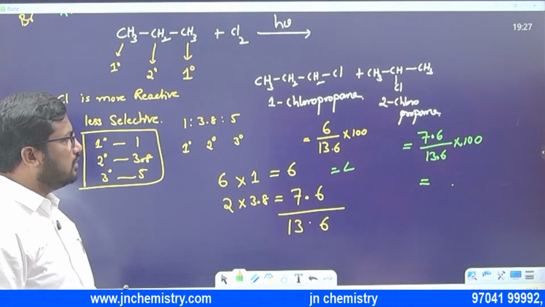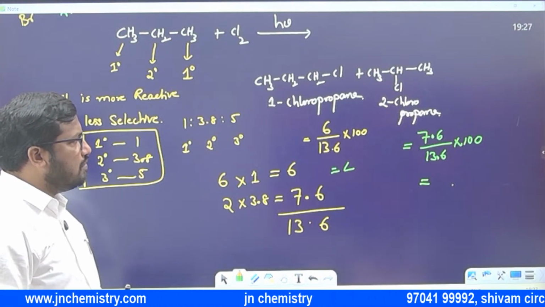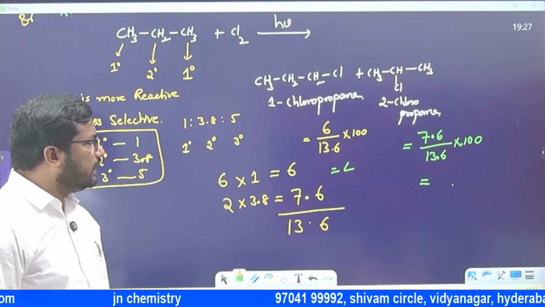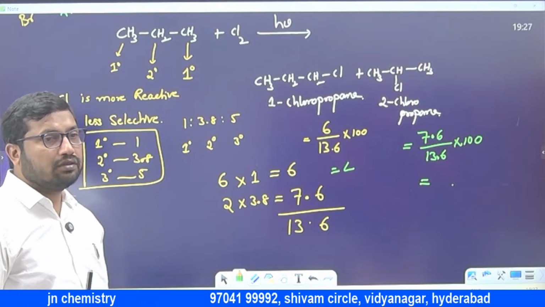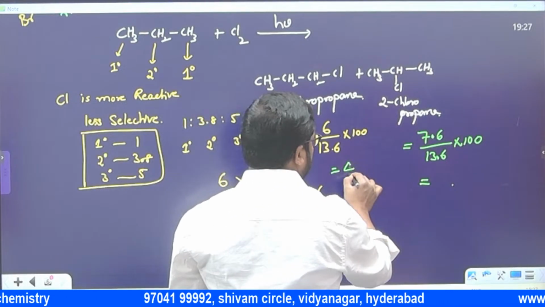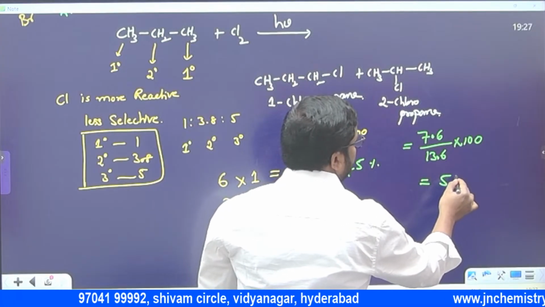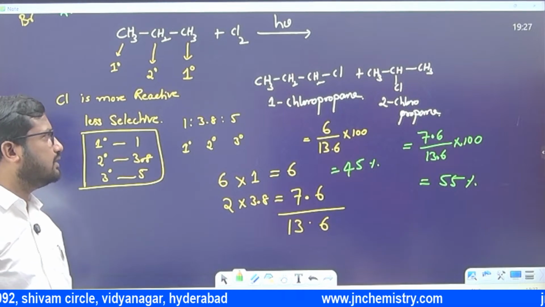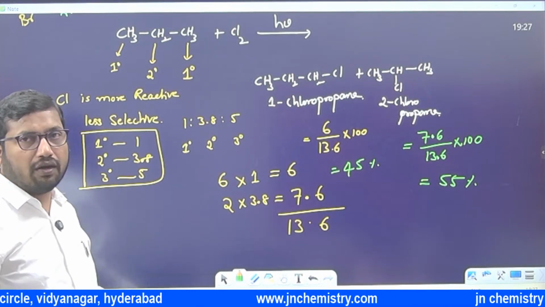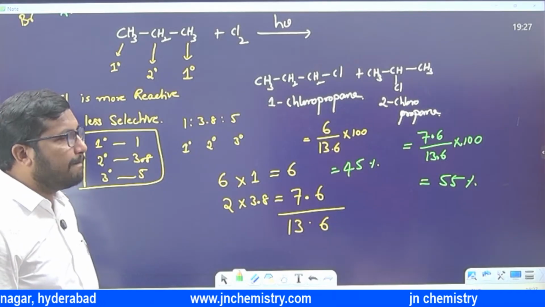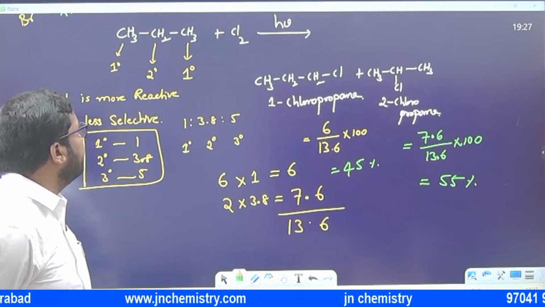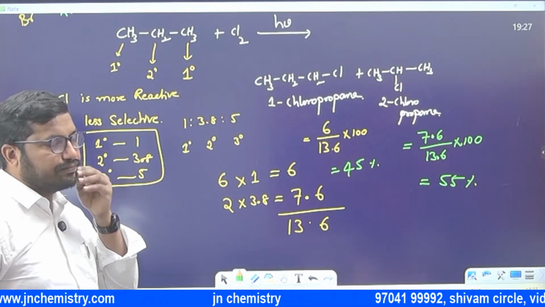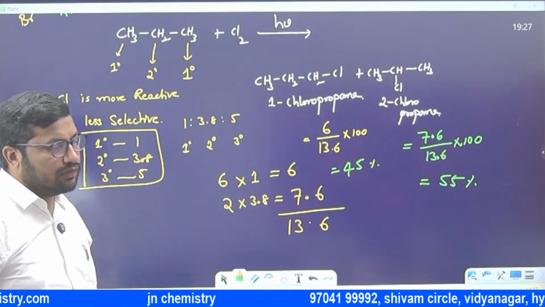No need to learn by heart, directly we can do it like that: 6 by 13.6 into 100 is approximately 44, okay, 45%. This is 55%, like this. Almost all near 45, 44, like that. Got it? How to calculate? Do it, write it.